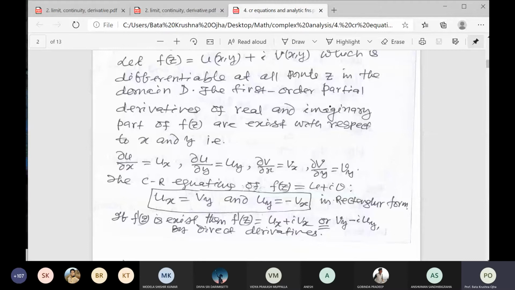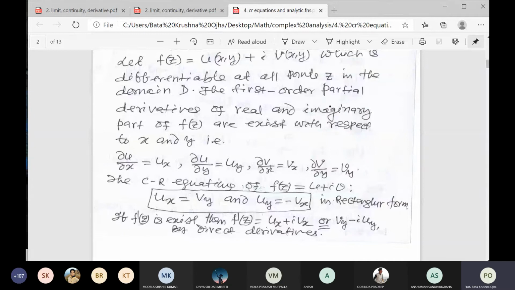We write u sub x, where x is the suffix, the partial derivative of u with respect to x. Similarly for y: u is a function of x and y, so it has two partial derivatives, with respect to x as well as with respect to y, denoted u_x and u_y. The symbol is like that. Similarly, v has two derivatives, with respect to x and with respect to y.